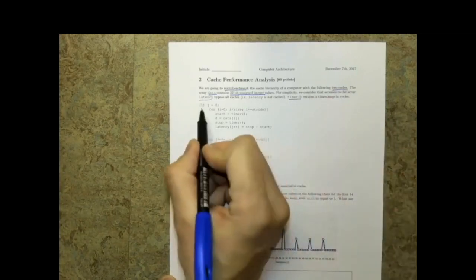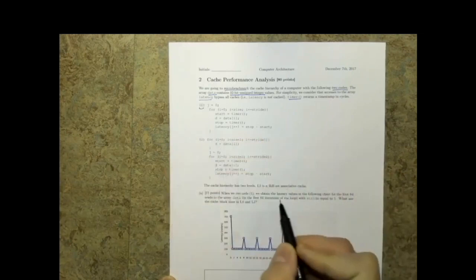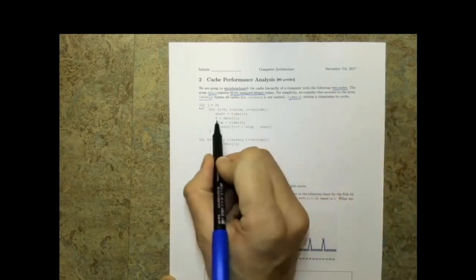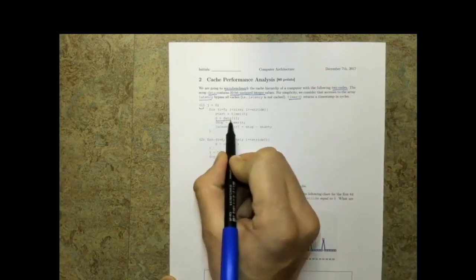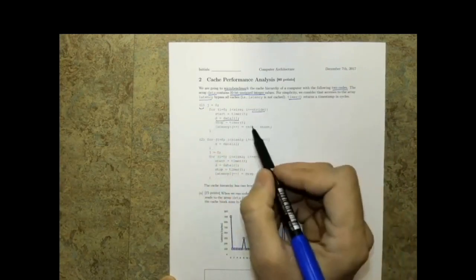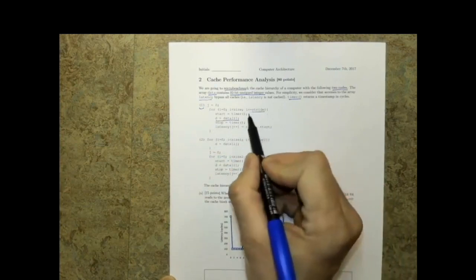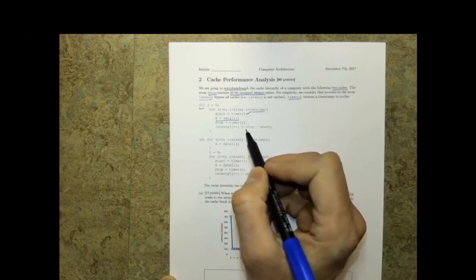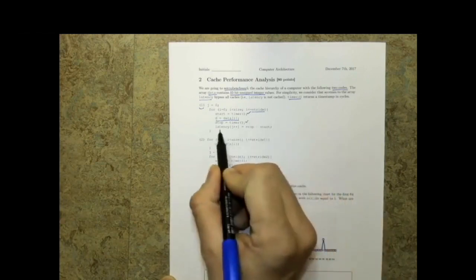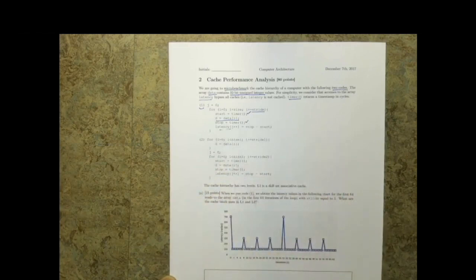So if we go through code 1, we go through the array data with a certain stride, and we record the timestamp right before the memory access and right after the memory access, and this way we calculate the latency.